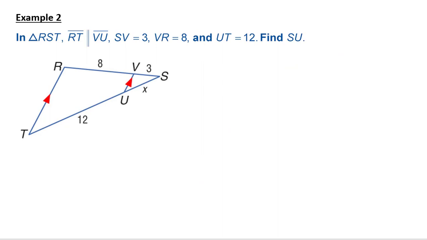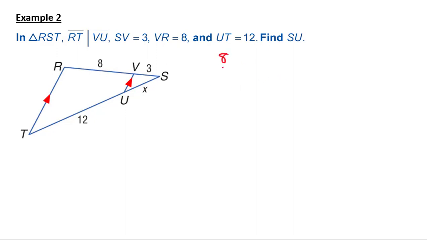Okay, in triangle RST, RT is parallel to VU, SV is 3, VR is 8, UT is 12. I'm looking for SU. If I have parallel lines, then my pieces are going to be proportional.